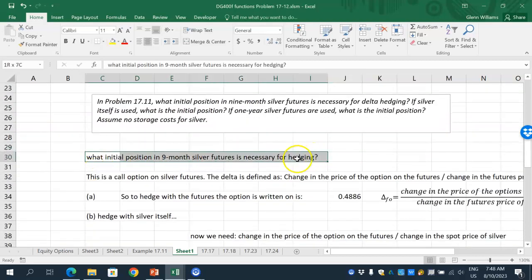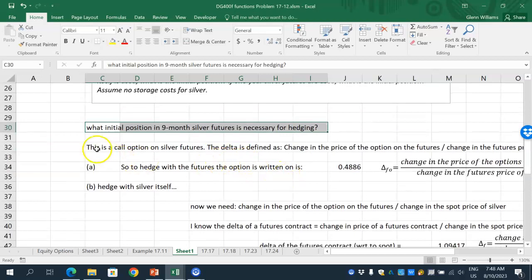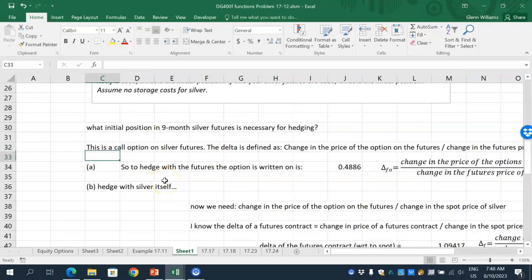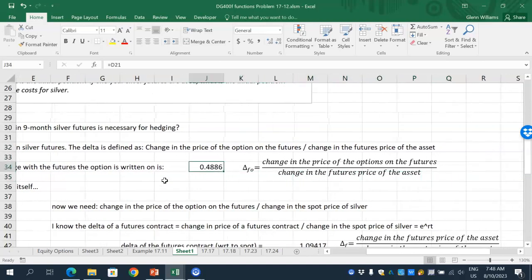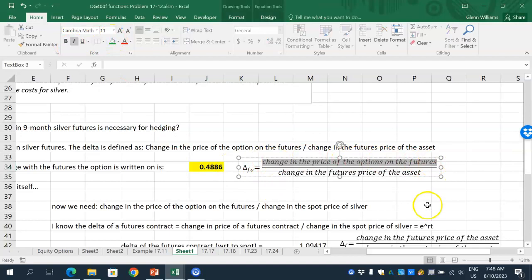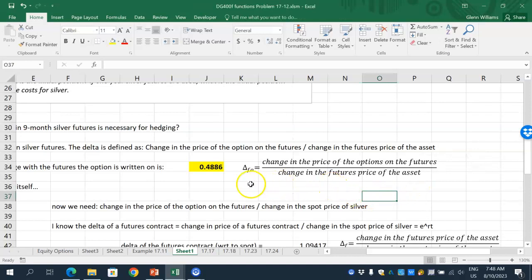The question here is, what is the initial position in 9-month silver futures necessary for hedging? So we have a call option on silver futures, and we're going to hedge with futures contracts. And so what that delta tells us, that 0.4886 that we calculated, is the change in the price of the option on the future relative to a change in the futures price of the asset.